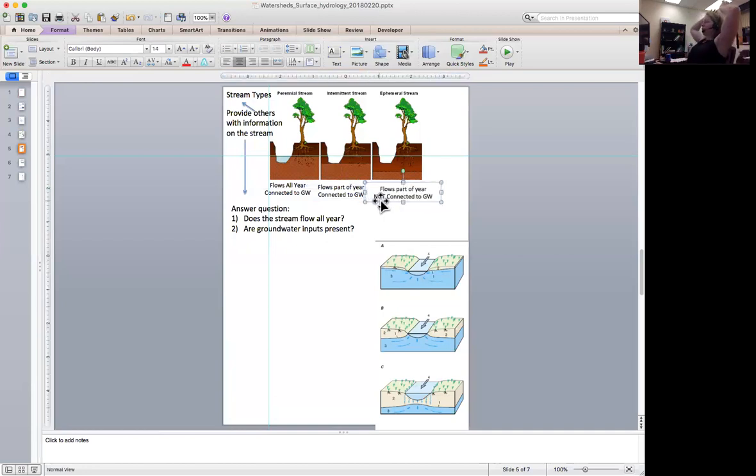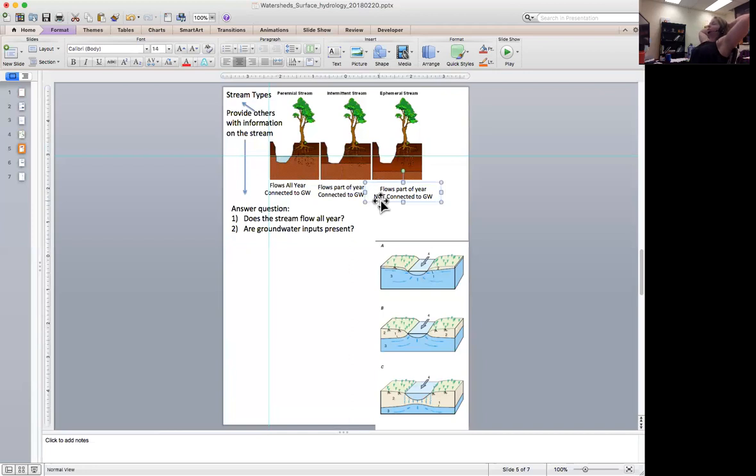So we can think about, when do we see these different types of streams? Ephemeral streams tend to be dominated by interflow. They're often occurring in high mountain regions where we're disconnected from the groundwater system. So a lot of headwater streams can be ephemeral ones, not all of them, but some of them.